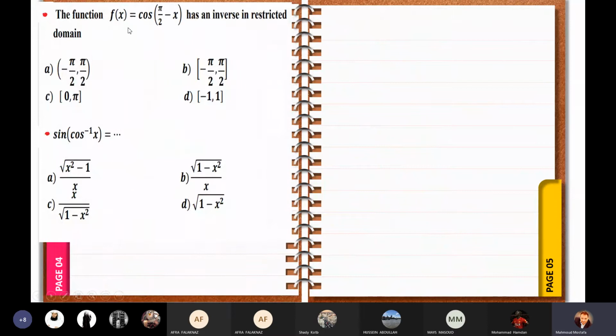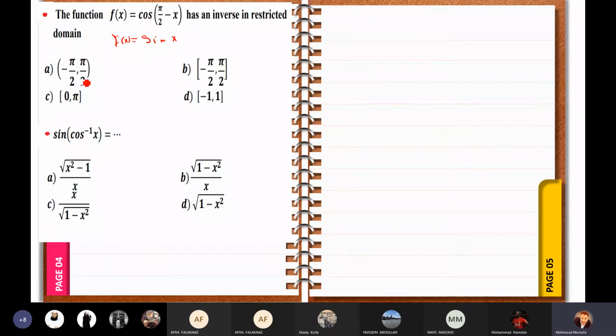Okay, the function f of x equals cosine of pi over 2 minus x. By the way, cosine of pi over 2 minus x is equivalent to which one? Do you know? Equivalent to sine x. It has an inverse in a restricted domain. Which domain?